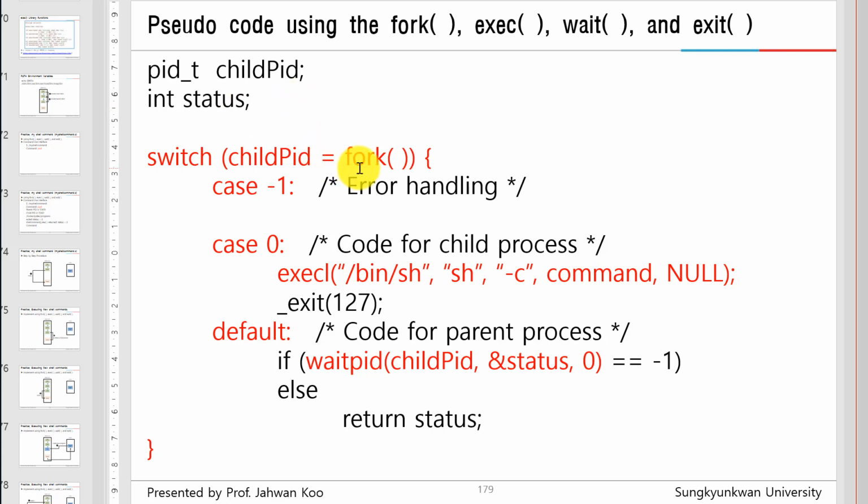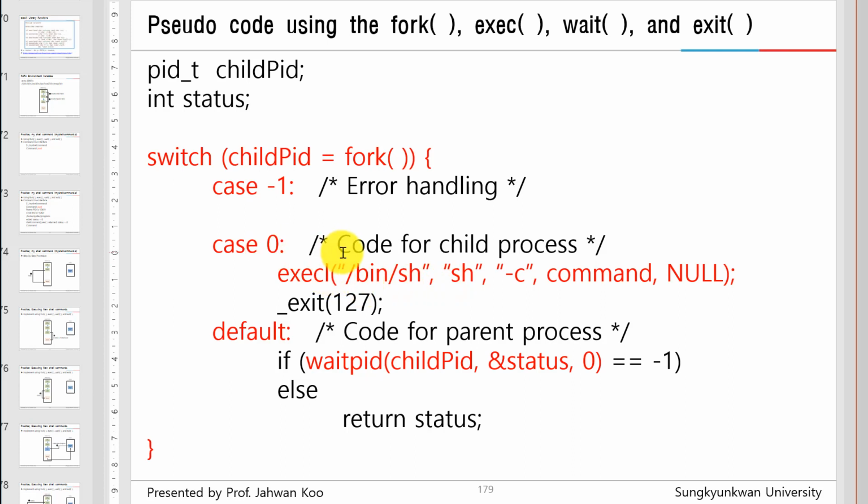According to the result of the fork system call, there will be three cases: -1, 0, and default. Case -1, an error has occurred, so we have to handle the error in this case. After the fork system call is run, 0 is returned for the child process. So the child process will execute this part in case of 0.